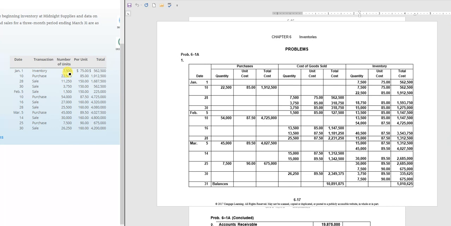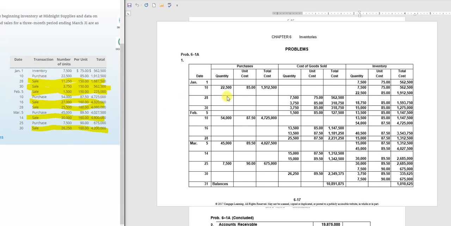We have 7,500 units that cost $75 each. And so I can put that in my beginning balance. So notice I didn't purchase that. That's my beginning balance. I'll also talk about the journal entries as we go along. I would also encourage you to somehow circle the sales or circle the purchases, etc., but somehow separate out the sales from the purchases, because it's easy to just get in a hurry and get mixed up.